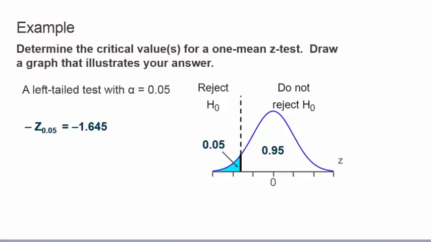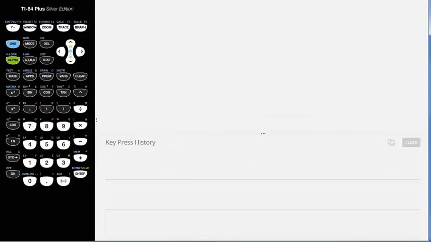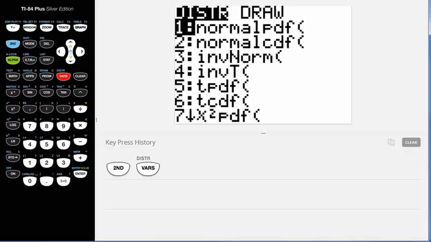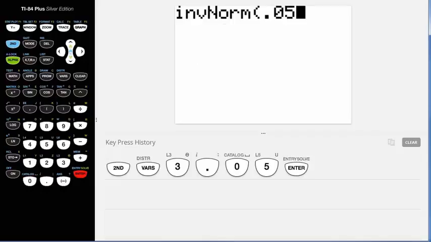What you also may have noticed, returning to our calculator: second, distribute, number 3, inverse norm, I type in 0.05, enter, and I get negative 1.645.